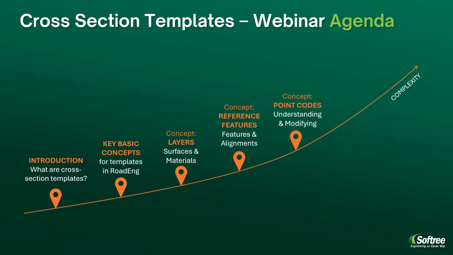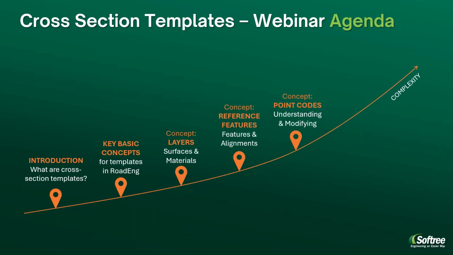We're going to pass it to Matt in the software at that point. We're going to talk a little bit about the idea and the concept of layers: layers as surfaces and layers for materials. We're going to talk about the concept of reference features as it applies to both features and alignments, and how you can use reference features in your templates to control their positioning.